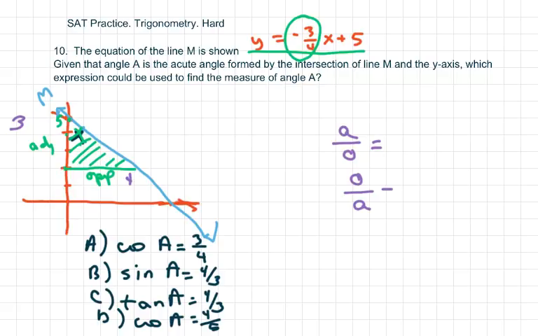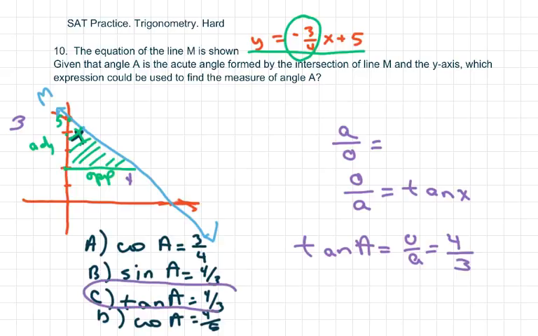So opposite over adjacent is tan. And so we would use tan of A is opposite over adjacent, and opposite is 4, and adjacent is 3. So we would use answer C. Okay?